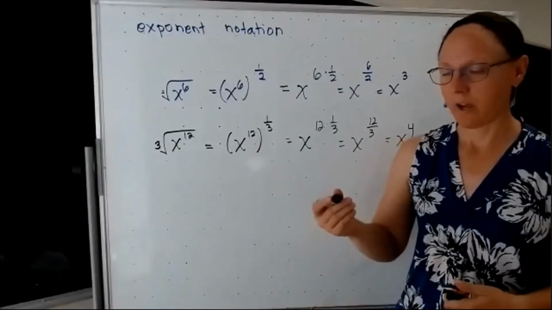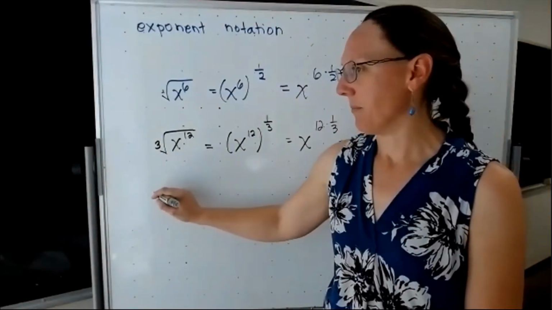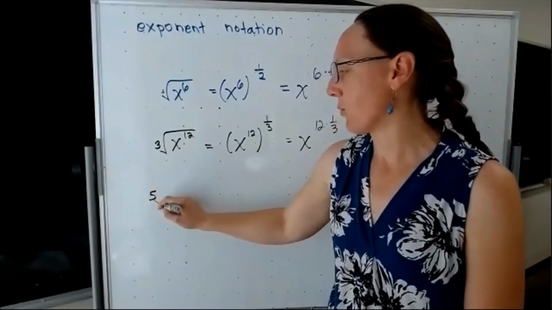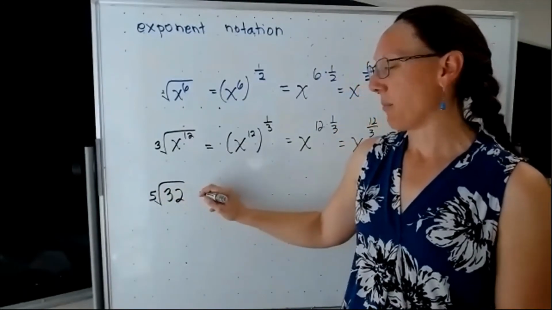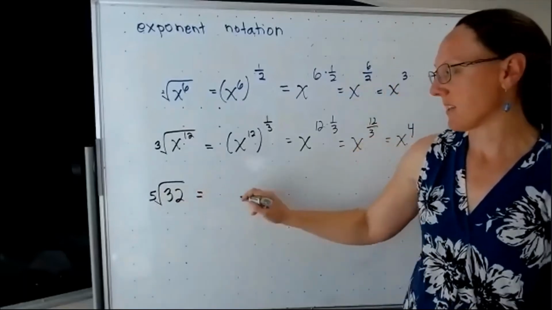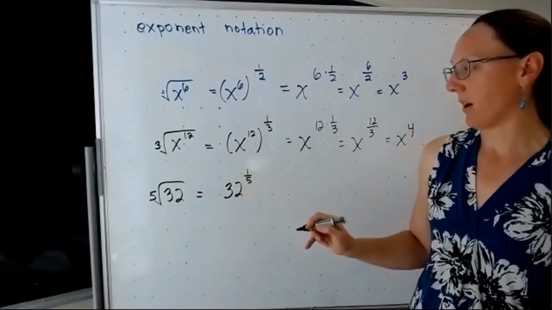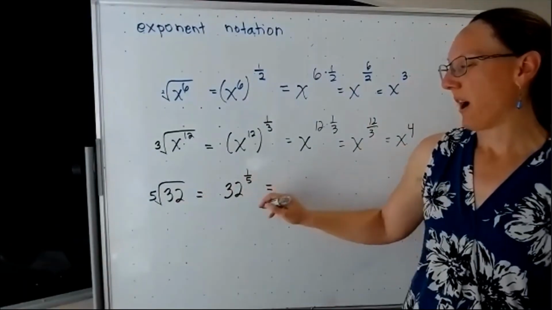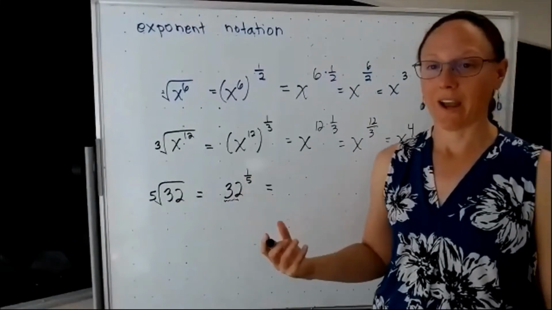I don't know why, but for me, it's harder to think about numbers this way, but we can also think about numbers this way. So if I wanted to deal with the 5th root of 32 and think about it in that same context, well, that's 32 to the 1/5 power. But now I would have to think about rewriting the 32 in some other way.